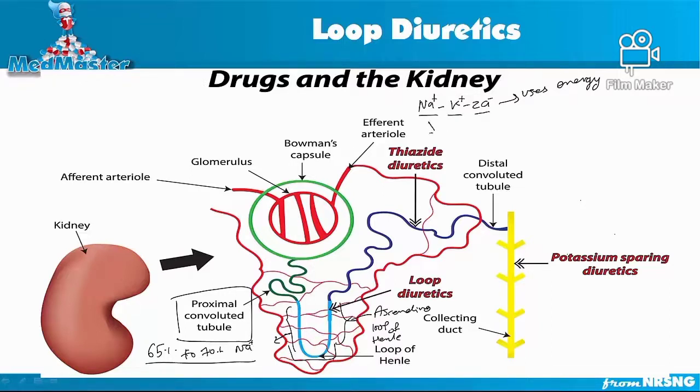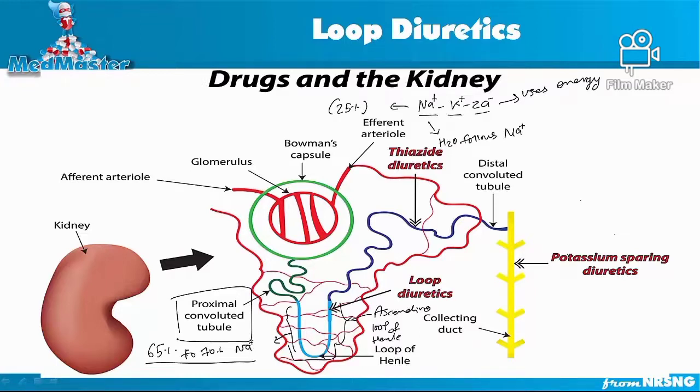When sodium gets reabsorbed, water is going to follow sodium. So water is going to get reabsorbed as well in the ascending loop of Henle. Here, approximately 25% of sodium gets reabsorbed using this pump, which uses energy as well.